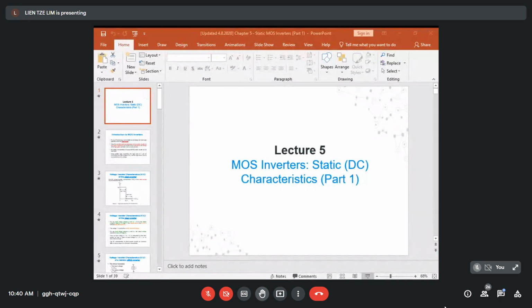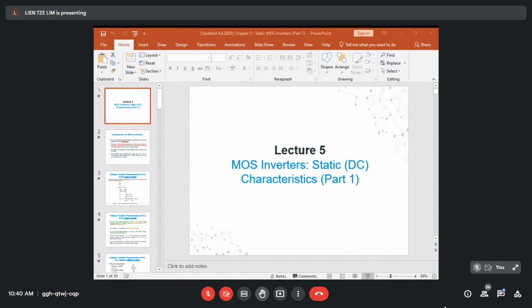So just now I mentioned what chapter 5 covers. Chapter 5 covers the MOS inverter, which includes the NMOS and the CMOS inverter. Inverters are made of NMOS and PMOS.